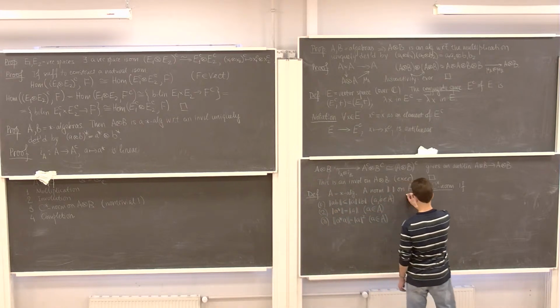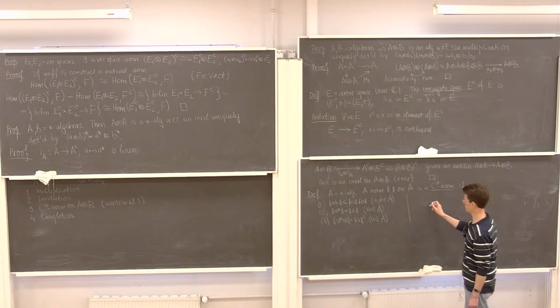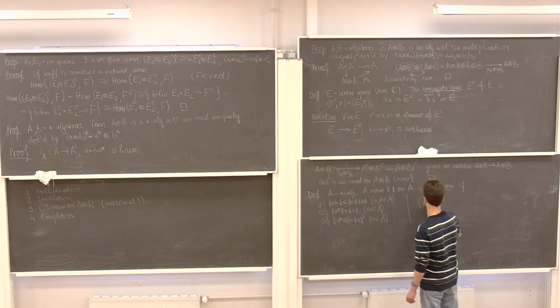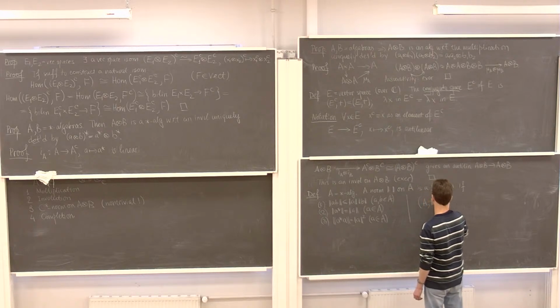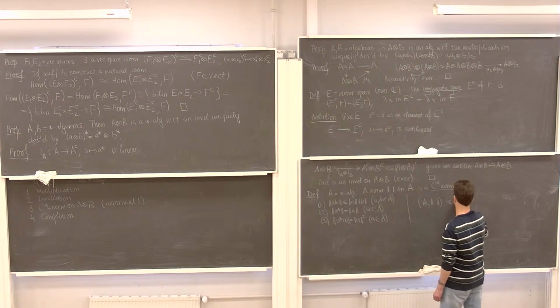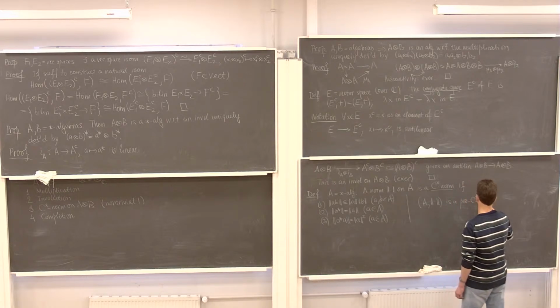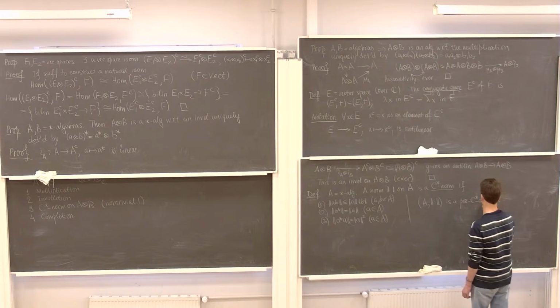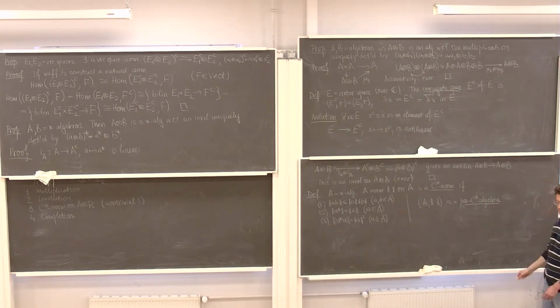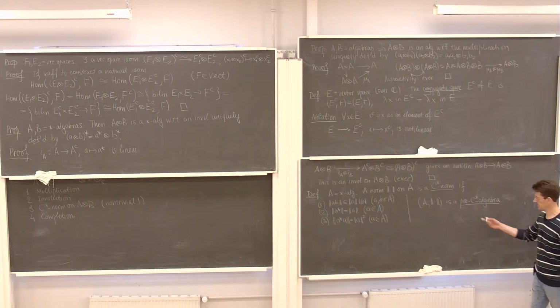And a pair consisting of a star algebra A and a C-star norm on A is called a pre-C-star algebra. So the only difference between pre-C-star algebras and C-star algebras is that a pre-C-star algebra is not assumed to be complete.